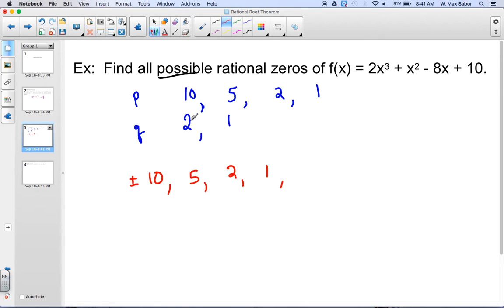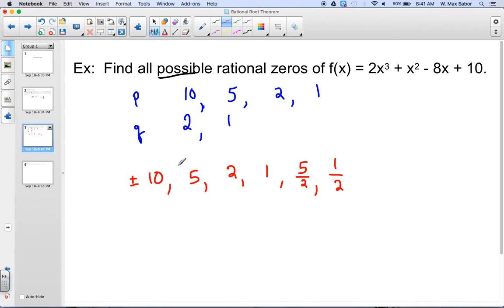If we divided each of these by 2, 10 divided by 2 is already listed. 5 divided by 2 is not already listed. 2 divided by 2 is listed. 1 divided by 2 is not. So technically we could write out 10 over 2, 5 over 2, 2 over 2, 1 over 2, but some of those are repeats, specifically 10 and 2 are repeats.